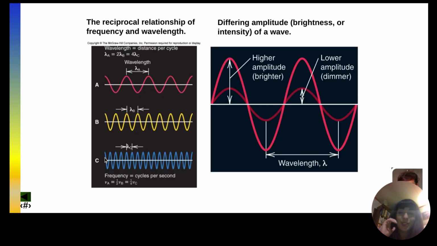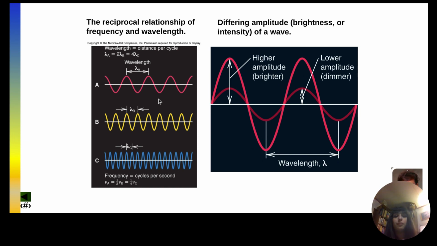So that's how we can show the different wavelengths. You can see that this one's slower, so it's got a lower frequency. This one's higher, so it's got a faster frequency. And if it were a longer wavelength, our frequency would be lower. So they correlate with each other.